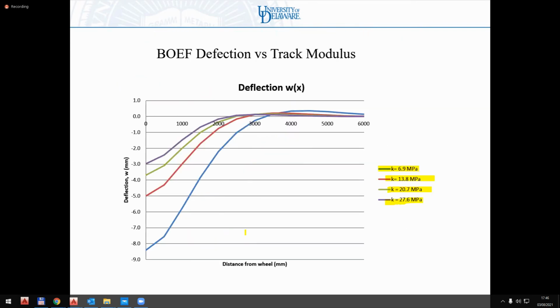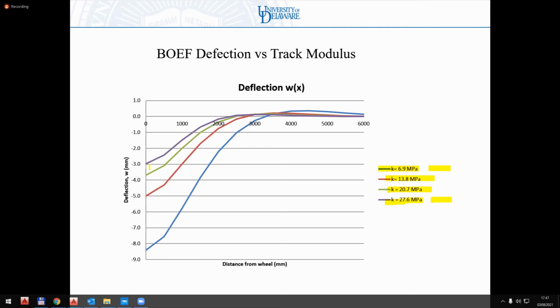So if I look at my sensitivity analysis, this is really soft track over here. This is even not the stiffest track around. This is just a good medium track.